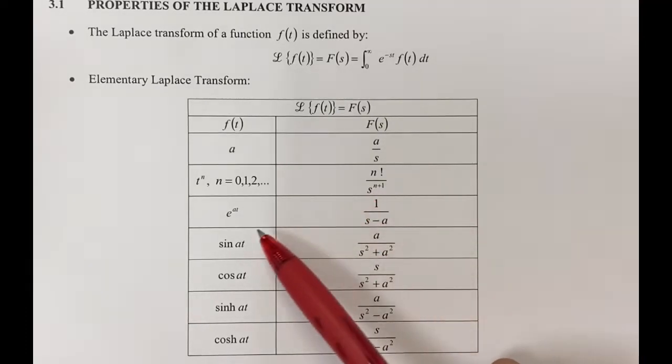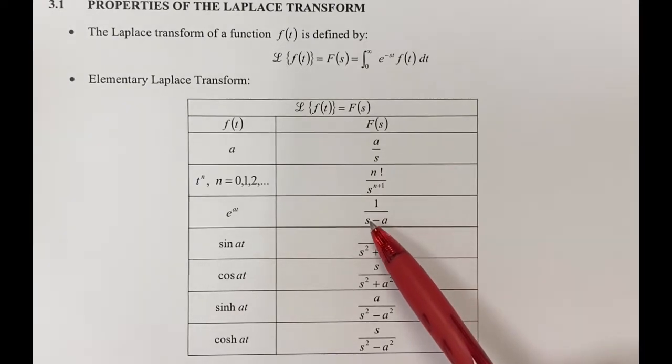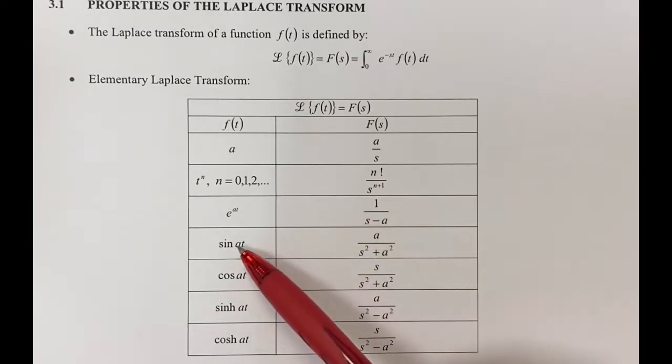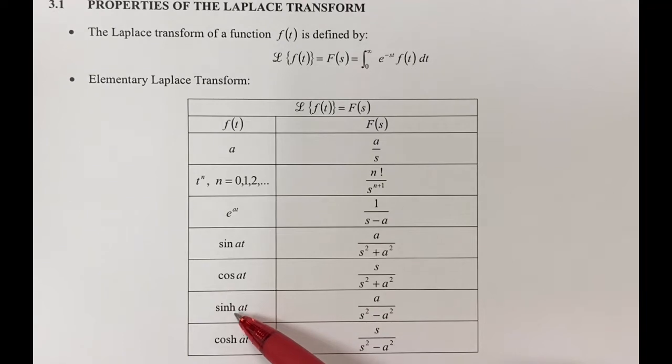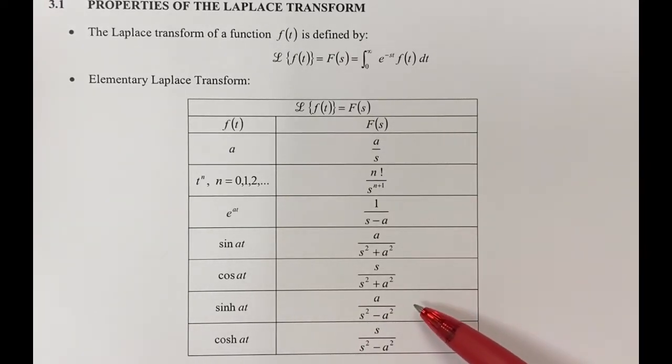For exponential e to the power of at, it is 1 over s minus a. Then sin at, cos at, hyperbolic sin at, hyperbolic cos at, we have these transformations F(s). Just refer to the table.